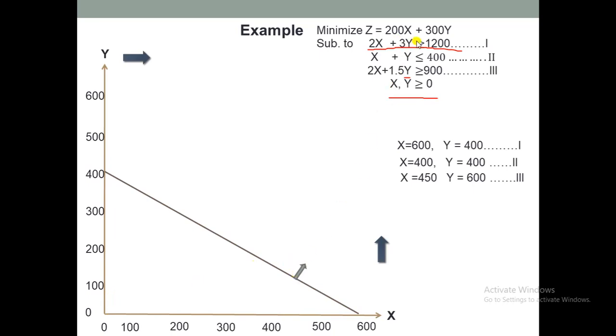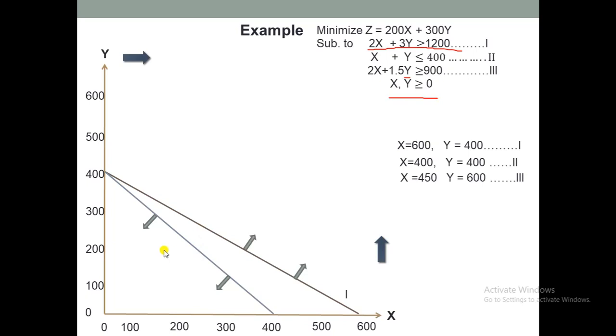These arrows show it is above the line. Let's go for the second. This was the first. Second is x 400, y 400. It is less than 400, and less than 400 means below the line. So these are going to be below the line.